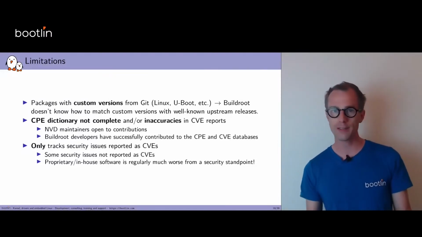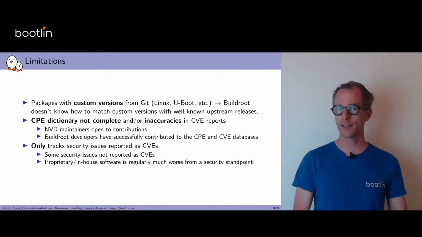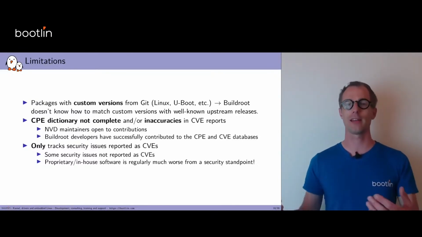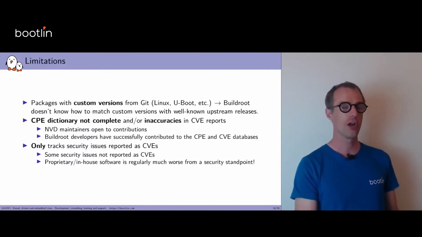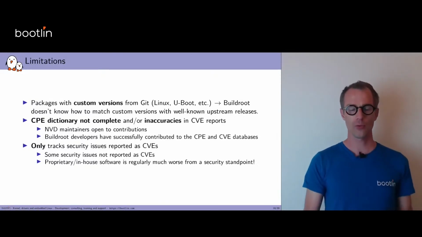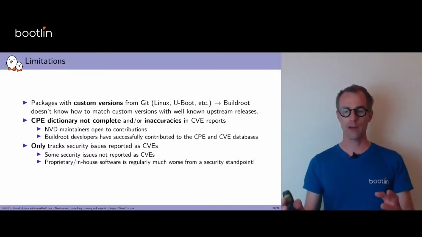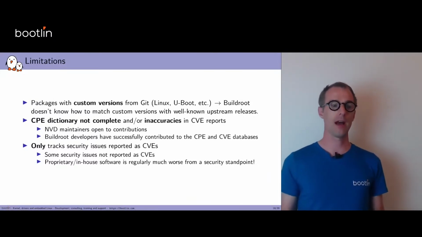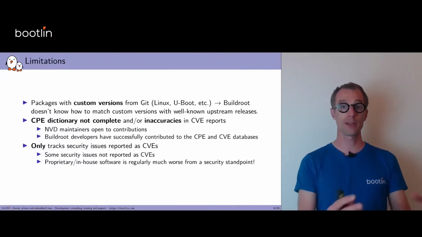It's of course not always the case, but it's usually less reviewed, less tested, less exercised than open source code. So there may be security issues in your own code which the CVE database will never tell you a thing about. So the whole point I'm trying to convey here is that it's not because you have a completely clean output of CVEs for your Buildroot-generated system that your system is secure.